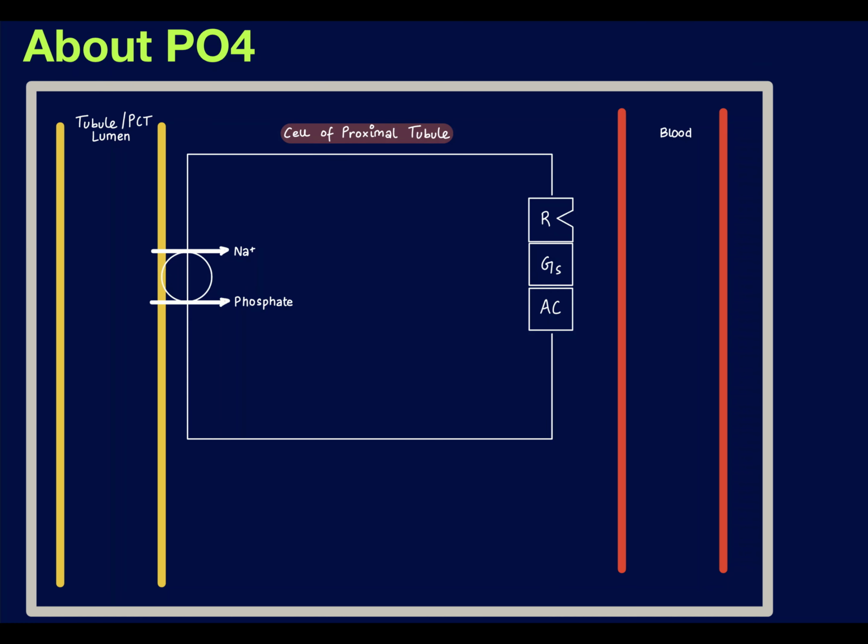Next, let's look at the actual mechanism of phosphate reabsorption in the kidneys. Phosphate reabsorption mostly occurs in the proximal tubules of the kidneys, aka PCT. Normally, in the PCT of kidneys, the tendency of the body is to keep reabsorbing phosphate via the sodium phosphate cotransporter, also called the NPT2A or NPT2C transporters.